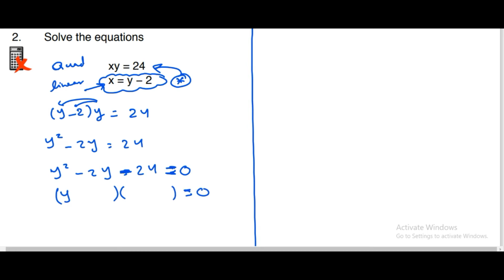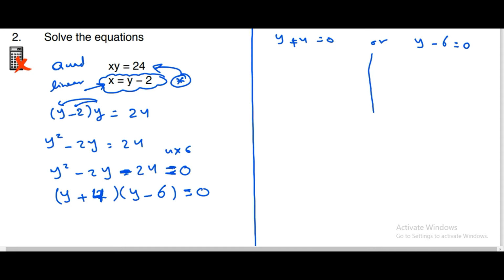Here it will be (y )(y ), it's minus, so it will be different signs. 24 will be 4 times 6, their multiplication equals 24 and their difference equals 2. The bigger number will be put with the middle sign, and here the other one, sorry, it's 4. So y + 4 = 0, or y - 6 = 0.